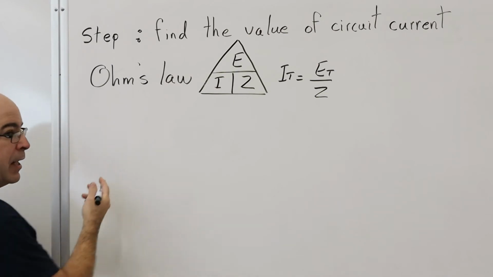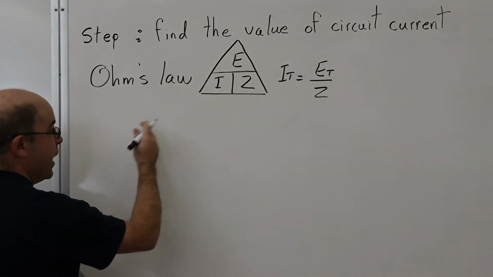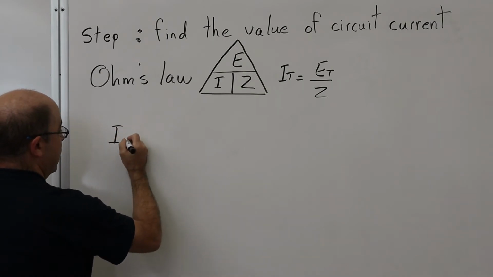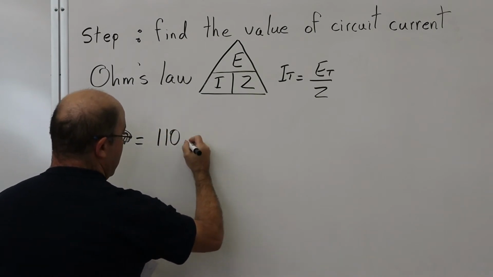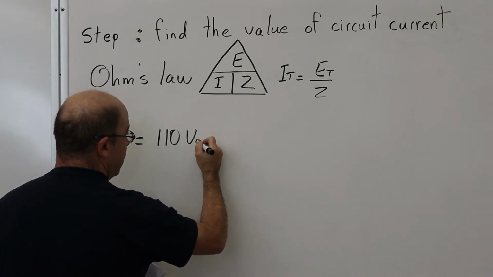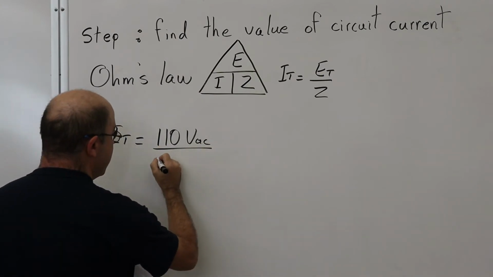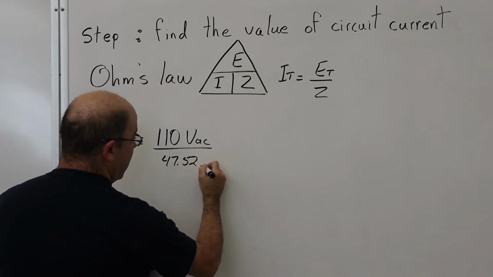So if I go ahead and input the values that we've already calculated and the given value of the input voltage, I'm going to get I total is equal to 110 volts AC divided by our value of impedance, which we've calculated at 47.52 ohms.